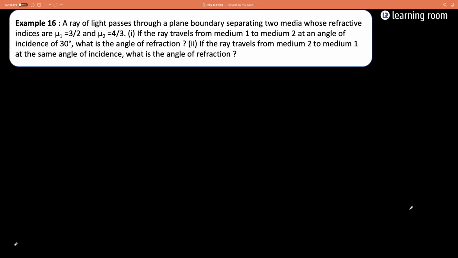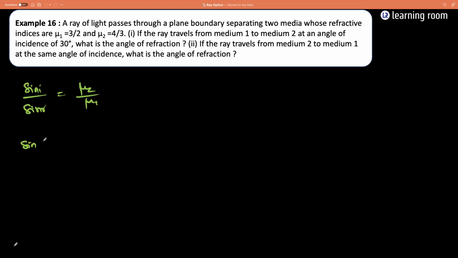Solve this. A ray of light passes through a plane boundary separating two media whose refractive indices are 3 by 2 and 4 by 3. The ray travels from medium 1 to medium 2 at an angle of incidence 30 degree. What is the angle of refraction? So sin I divided by sin R is equal to how much? It is mu2 divided by mu1.